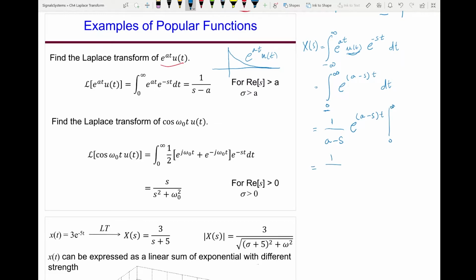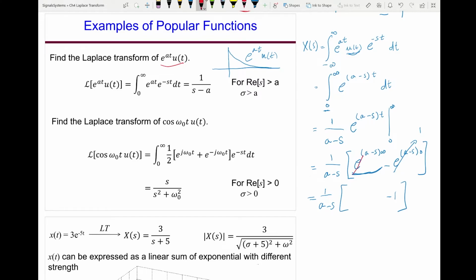So this is 1 over a minus s, plug in t equals infinity minus plug in t equals 0. So again, e to the power of 0 is just 1. How about e to the power of infinity?